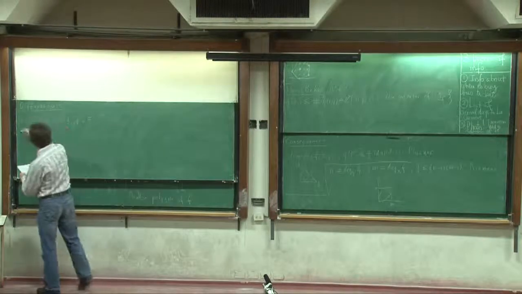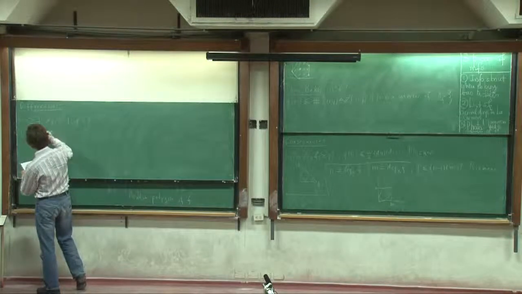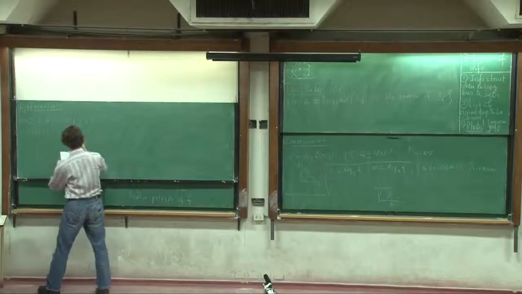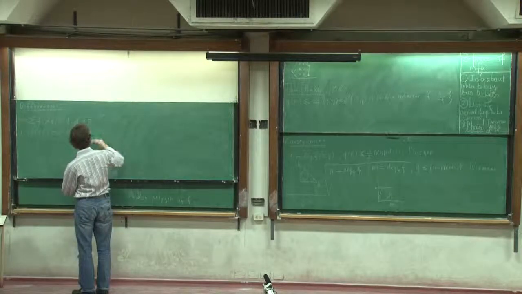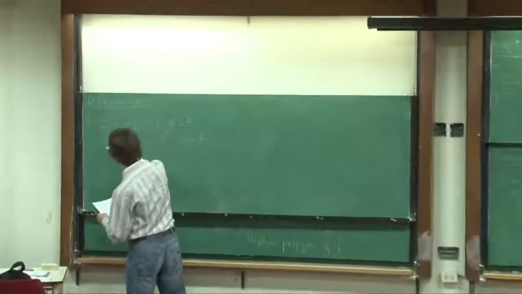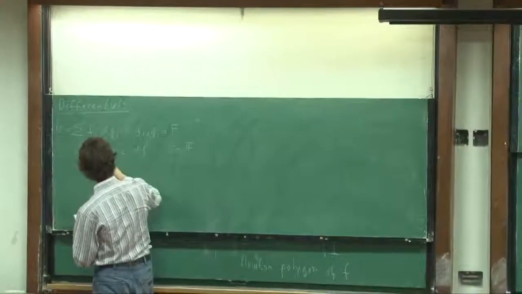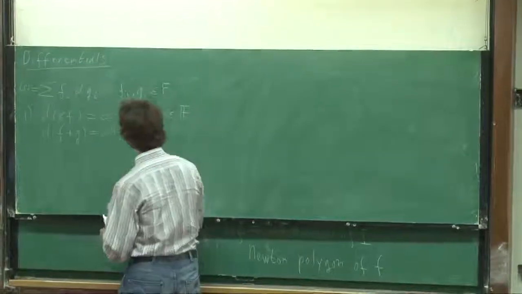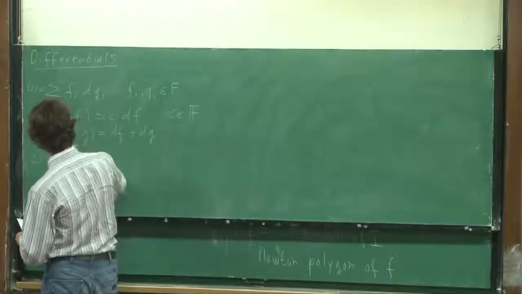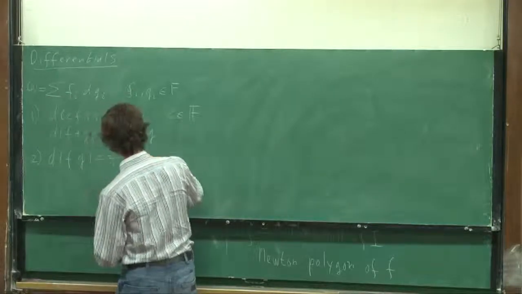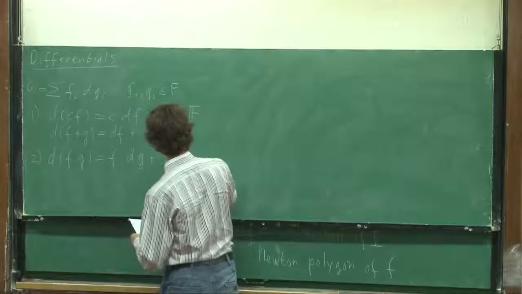Then we want some rules, namely that this d is linear over the constant field, and that it is a derivation. So if we have a product, then we want it to be equal to this expression here.